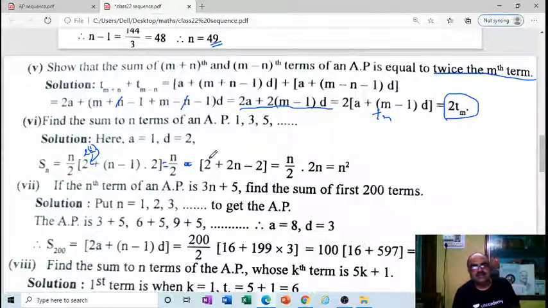Then plus 2 minus 2, if you cancel, you will have n by 2 into 2n. 2 if you take out, the answer is n square.